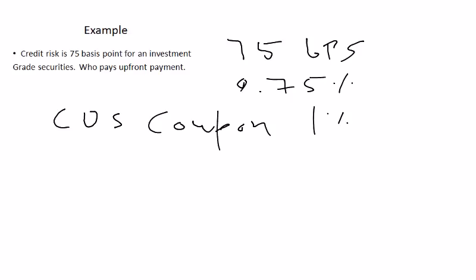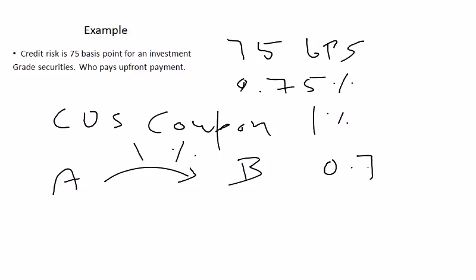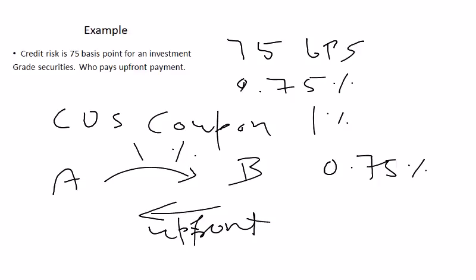So here CDS buyer A has to pay 1% to B for a credit risk coverage which is actually 0.75%. So A is paying excess to B, and A is supposed to receive an upfront payment from the credit protection seller, of an amount of 1 minus 0.75%, which is 0.25%.